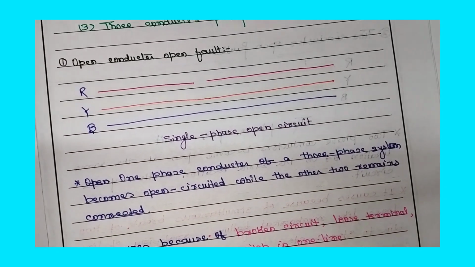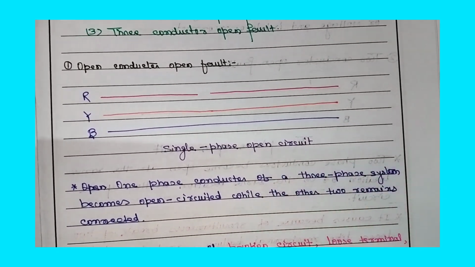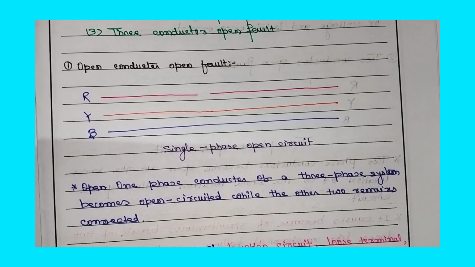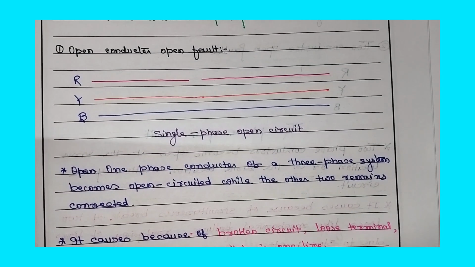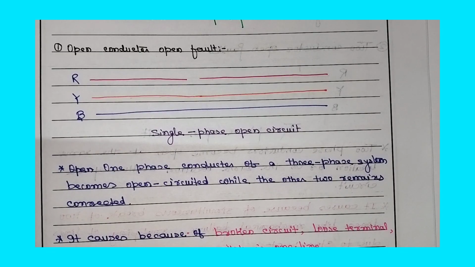Next, the first one is the one conductor open fault. Here is an example of the single phase open conductor fault.